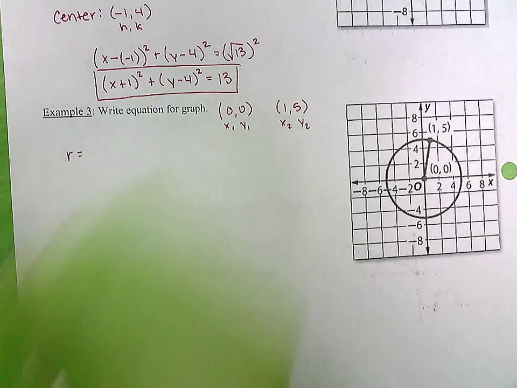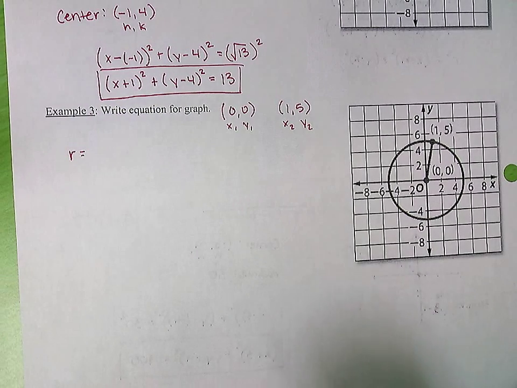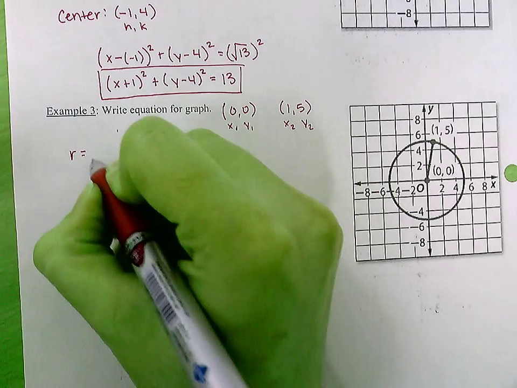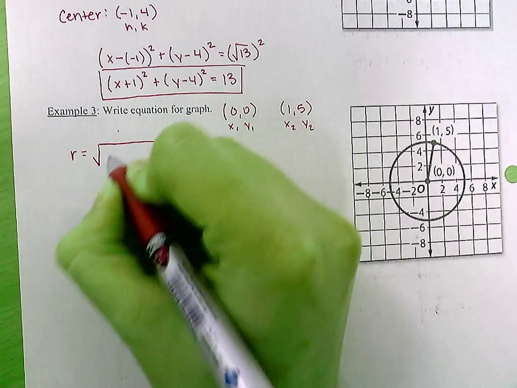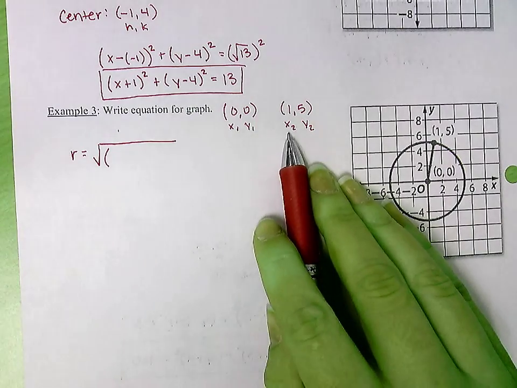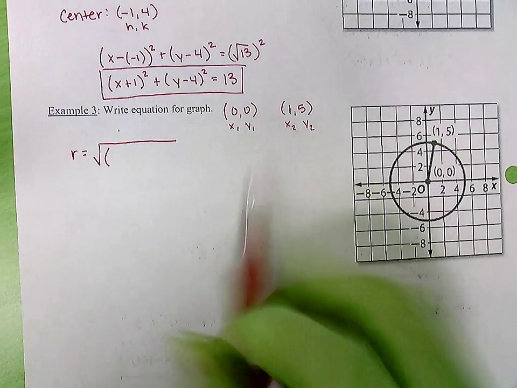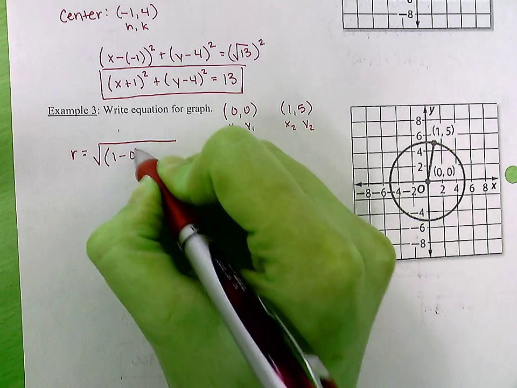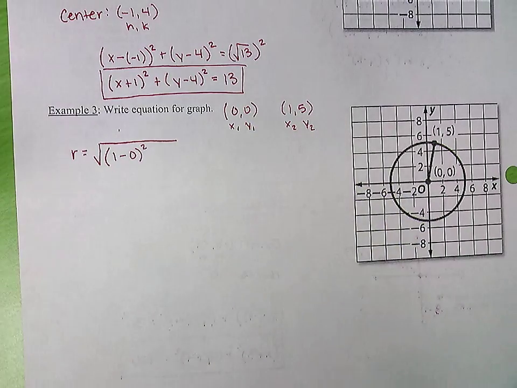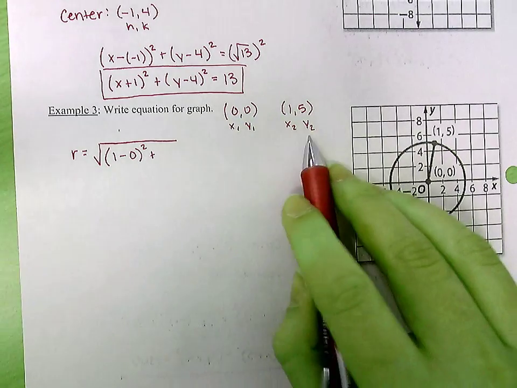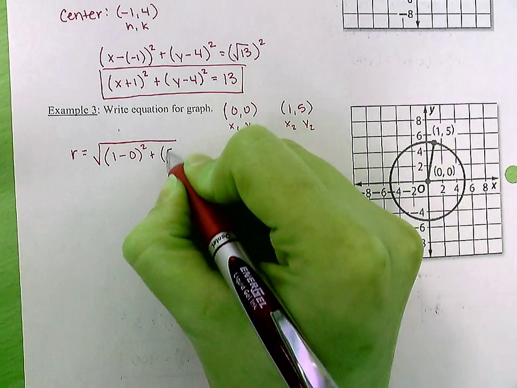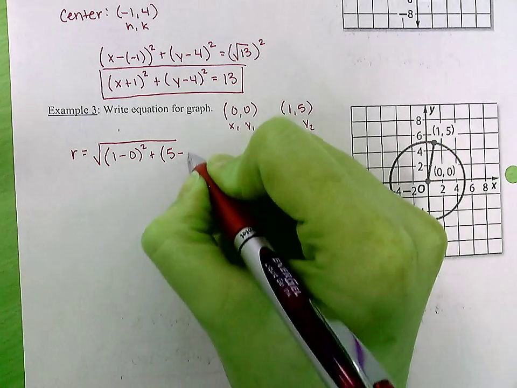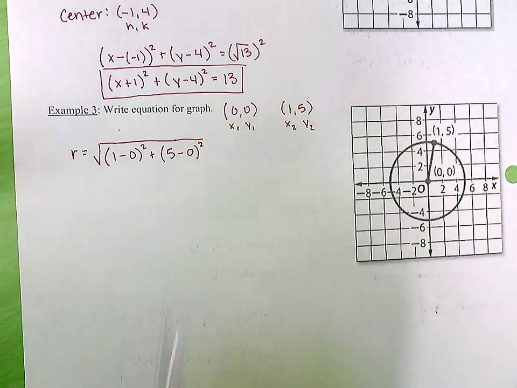The distance we're finding is our radius, so r. We'll take the square root of x sub 2, which is 1, minus x sub 1, which is 0, squared, plus y sub 2, which is 5, minus y sub 1, which is 0, also squared.